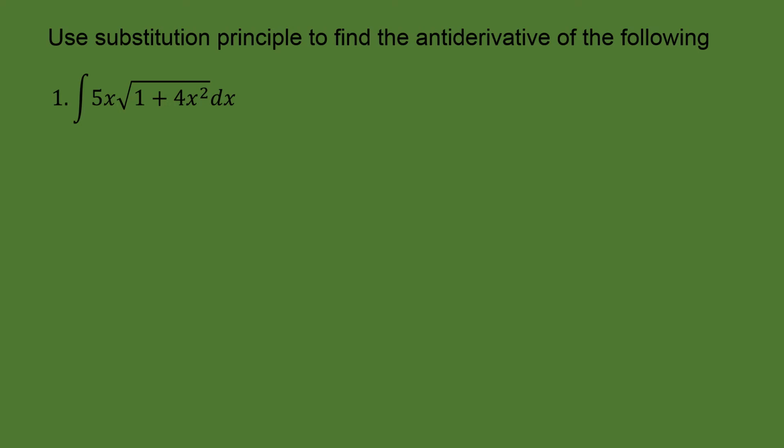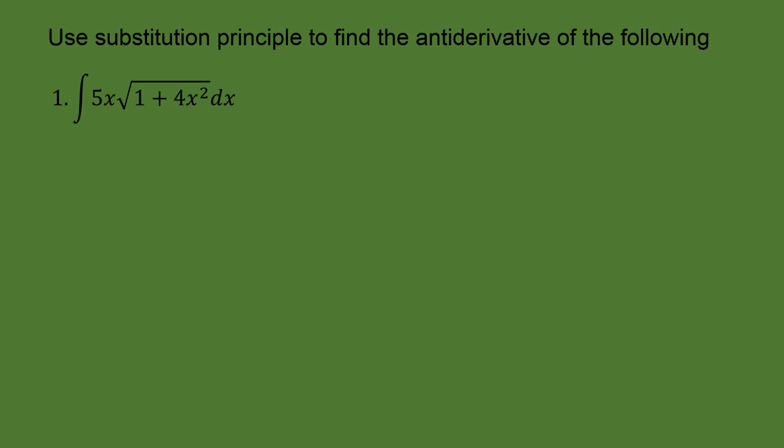So, for example, from this one, the integral of 5x times the square root of 1 plus 4x squared dx, if we let u be 5x, then the derivative is 5. And it will not make sense at all because there is no quantity that will be eliminated.